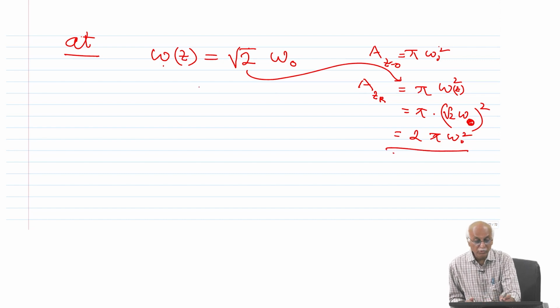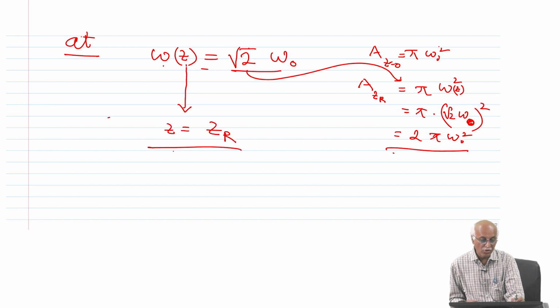At the position where the beam spot size becomes root 2 times W0, that distance z is known as the Rayleigh range, zR.